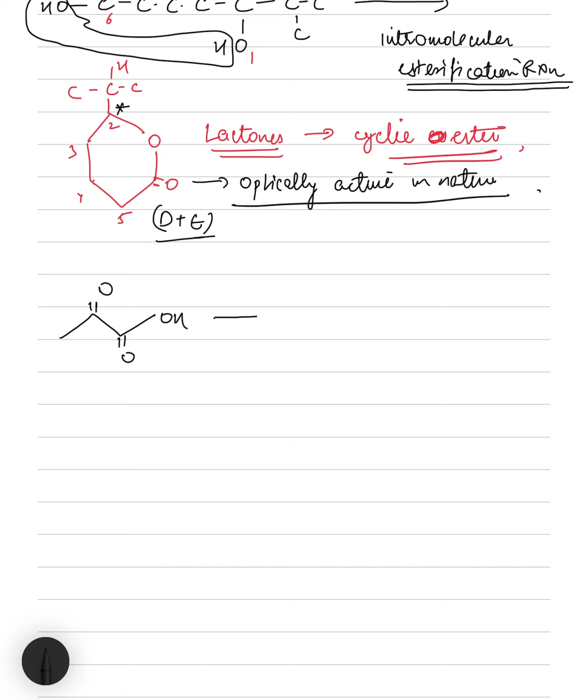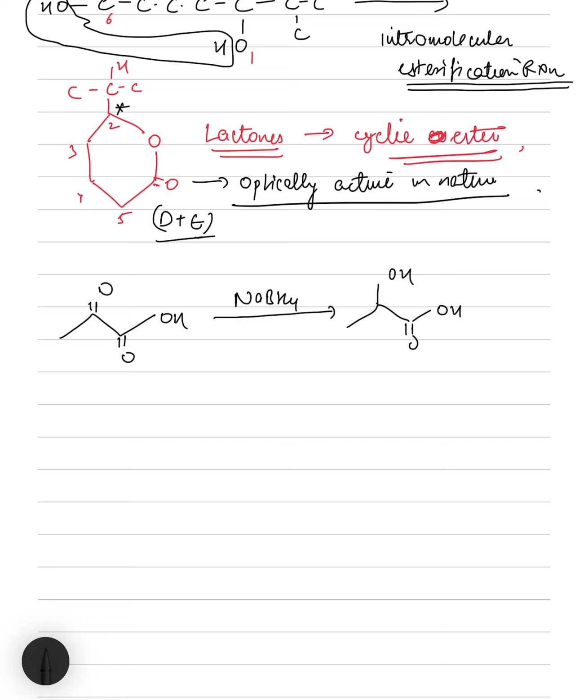So again we know when we do the reduction using NaBH4, the keto group will be reduced to the alcohol, whereas the carboxylic group will remain unaffected, right? So in that case the product obtained will be this one, alpha hydroxy carboxylic acid.